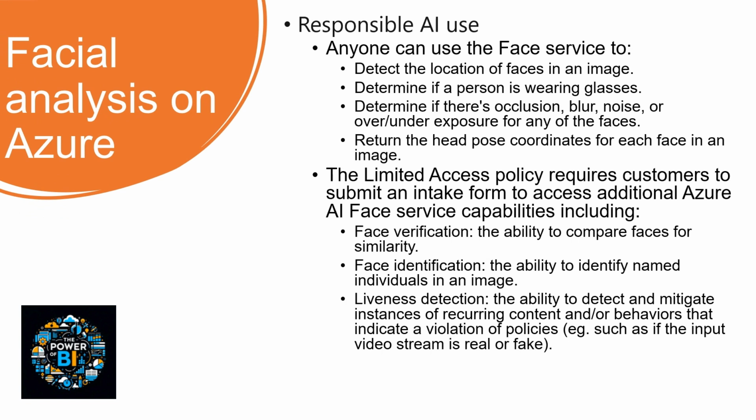The limited access policy requires customers to submit an intake form to access additional Azure AI Face capabilities, which include face verification, identification, and liveness detection, which determines whether the input video stream is real or fake.